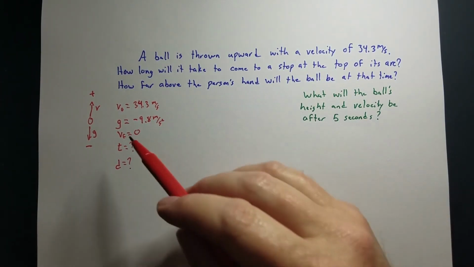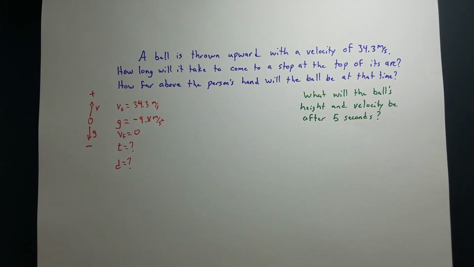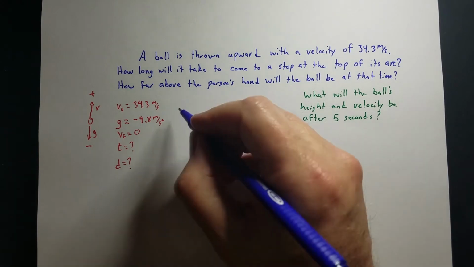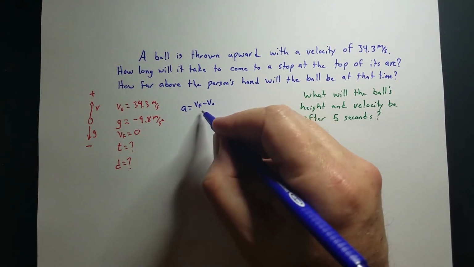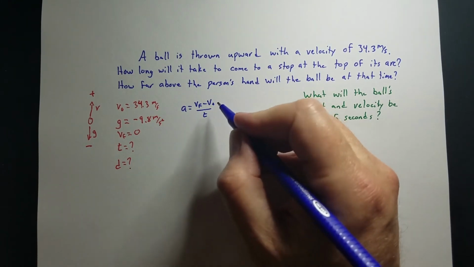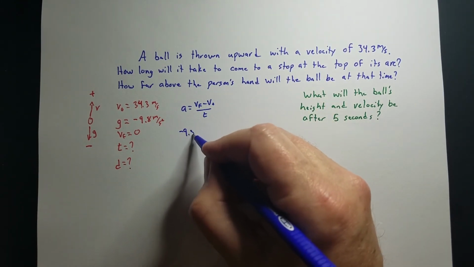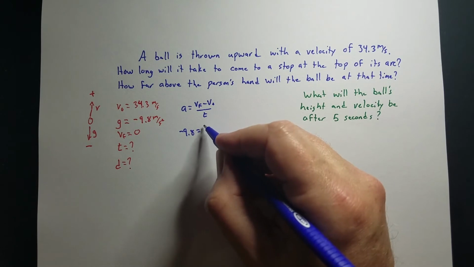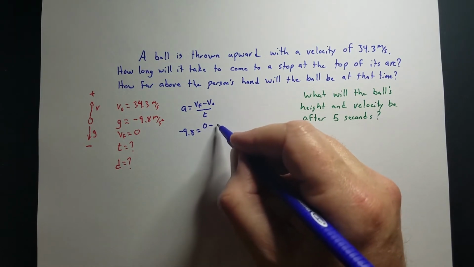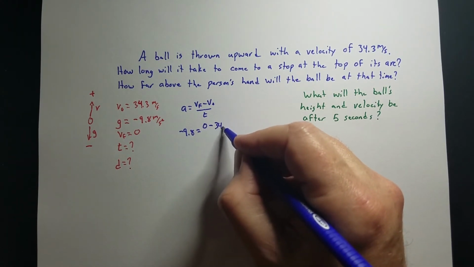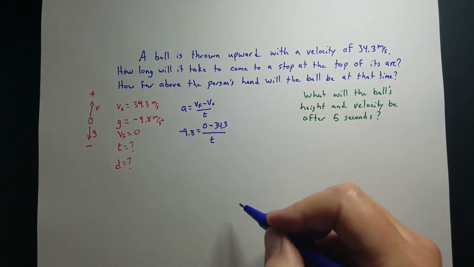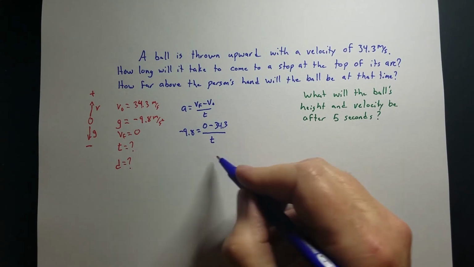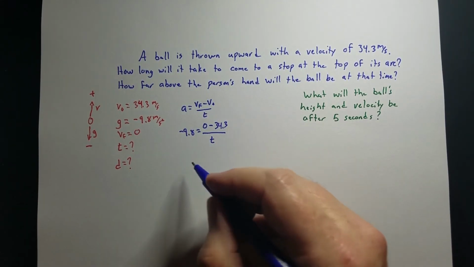Okay. Well, with this right here, I think I'm going to start off with the acceleration equation. A equals VF minus VO over T. So negative 9.8 equals VF, which was 0, V0, which is 34.3, and time, which we don't know. But we're going to do the super secret metric and swap those two out.